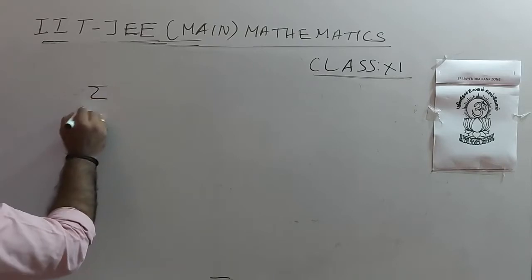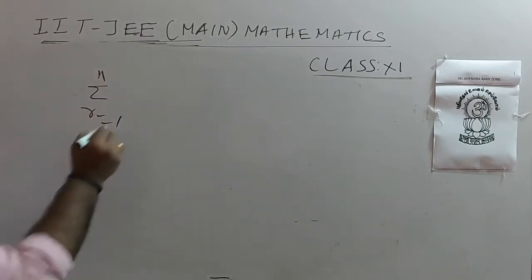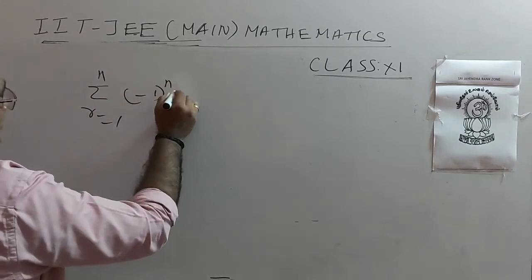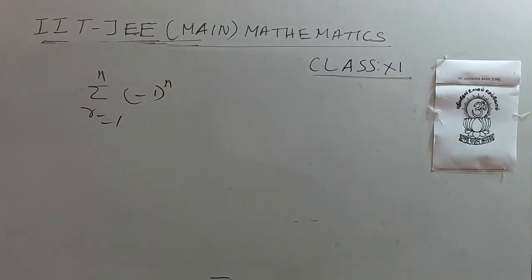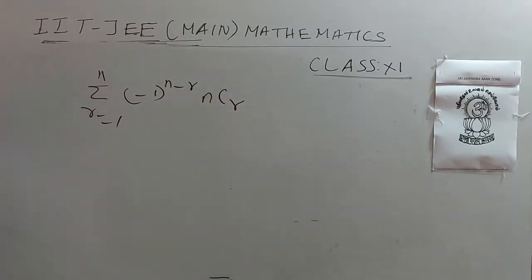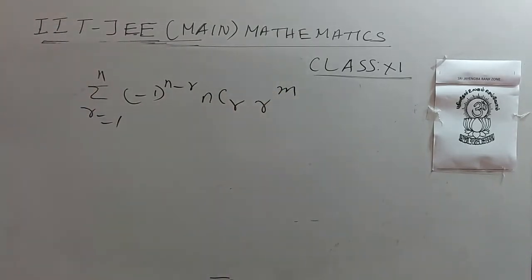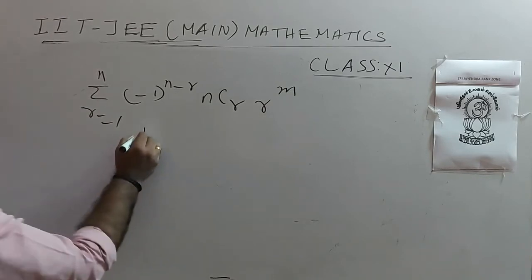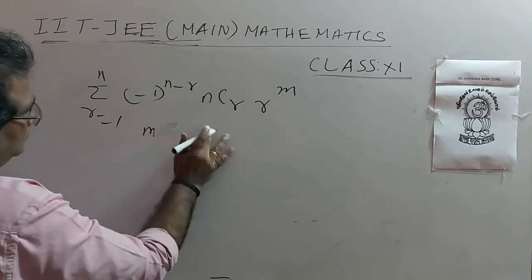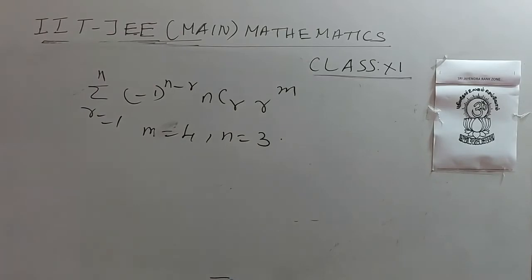The formula is summation r equal to 1 to n, (minus 1) whole power n minus r, nCr into r power m. Here m equal to 4, n equal to 3.